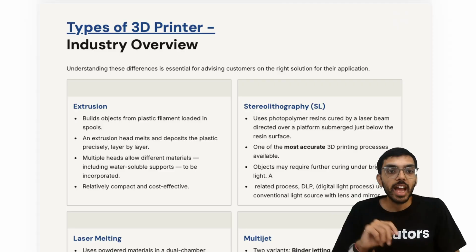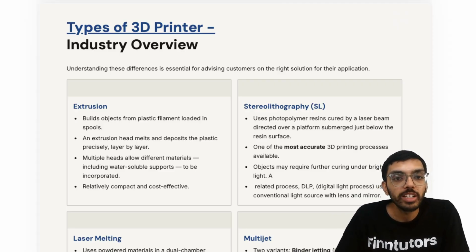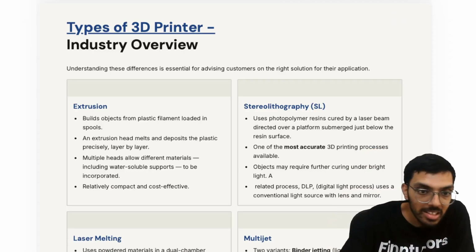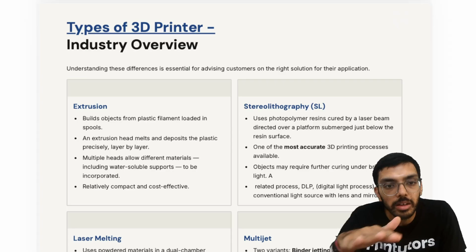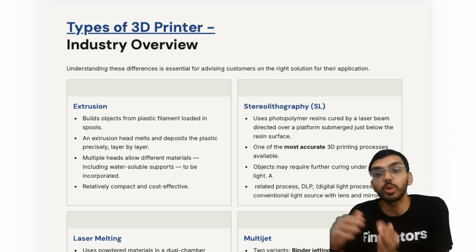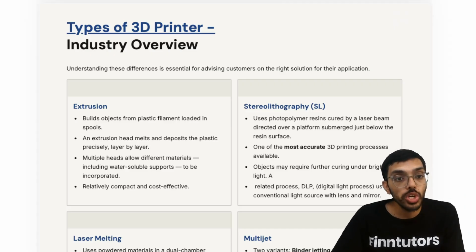First type is extrusion. So this method builds objects from plastic filament. An extrusion head melts and deposits the plastic precisely layer by layer by layer. So different ways your product is created. You can have an extrusion printer.